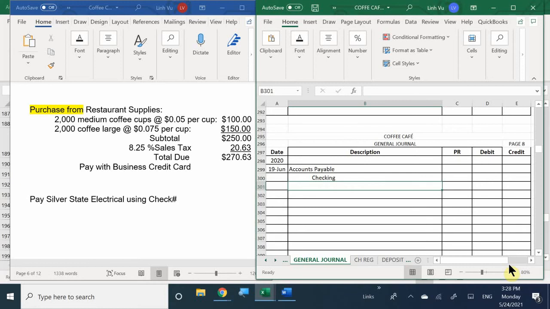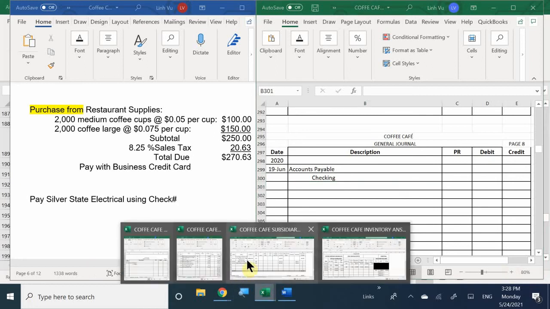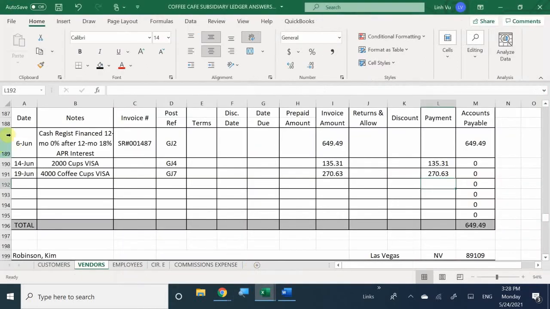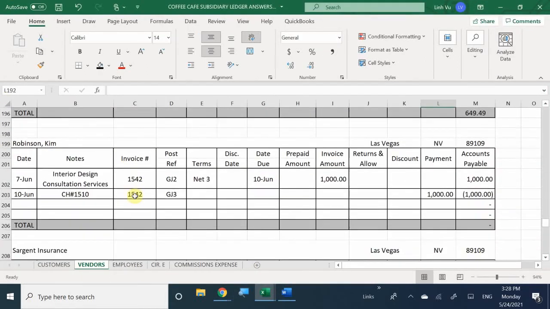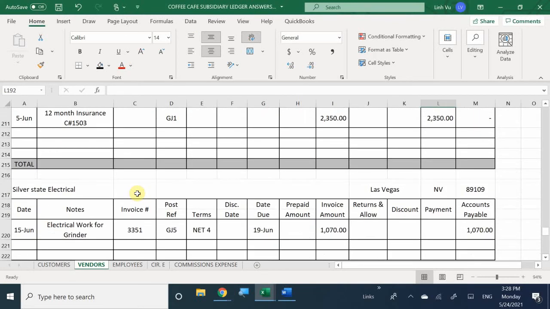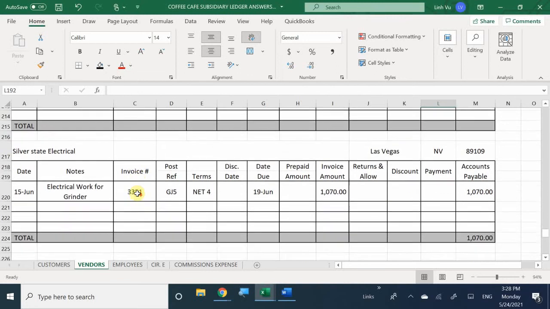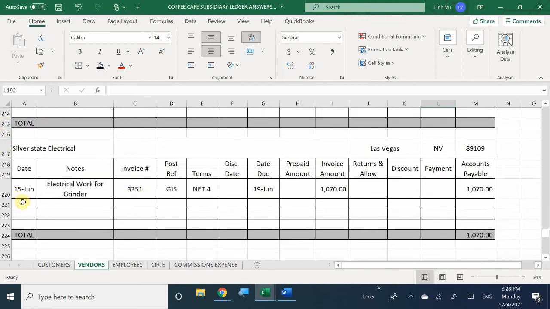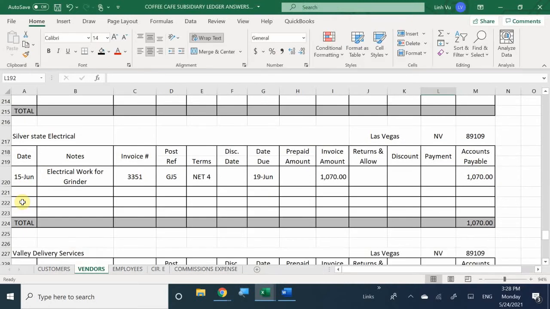We only have one place to keep track of all of our vendors, customers, and employees, right? So if we go to our subsidiary ledger and go to Silver State Electrical, here we see that we entered the bill on the 15th of June. It is for bill number 3351.